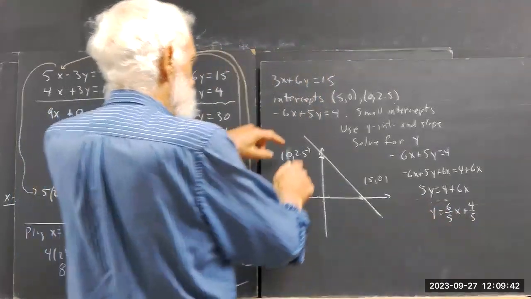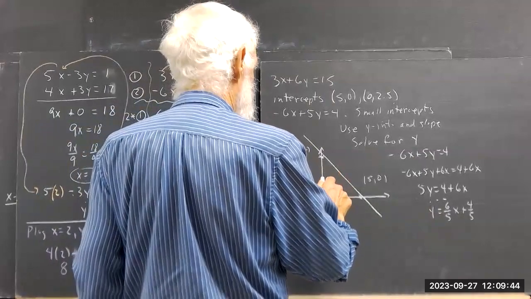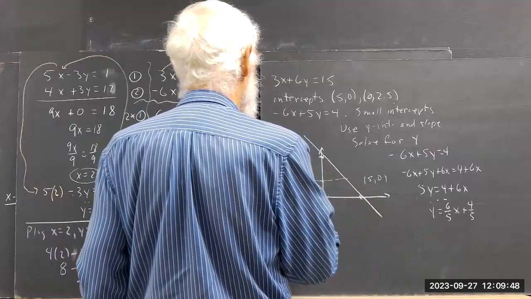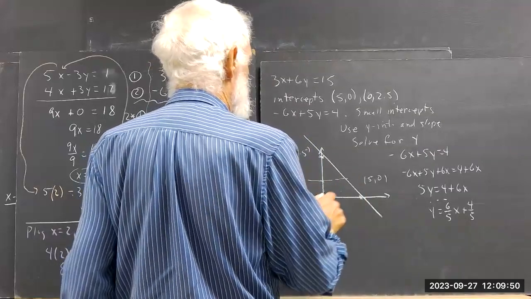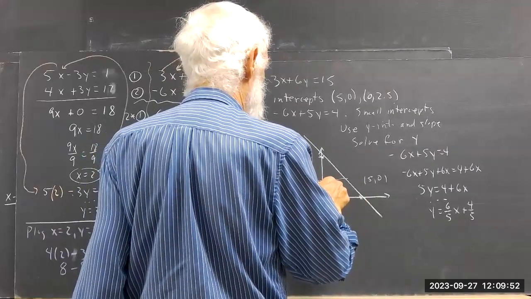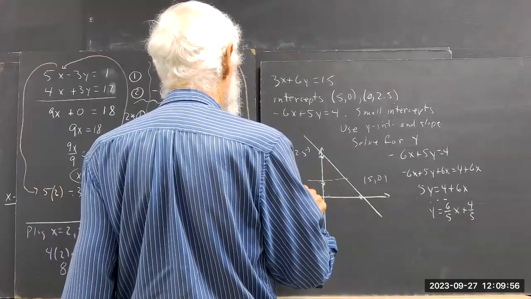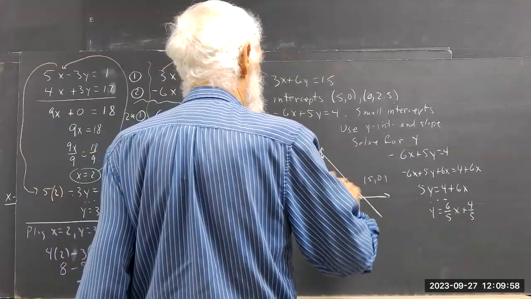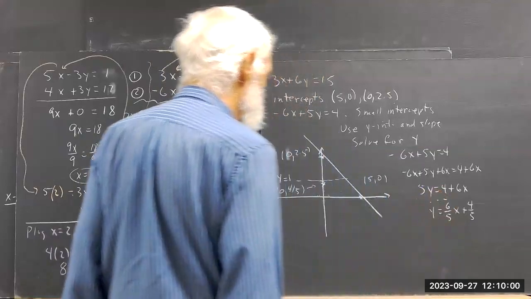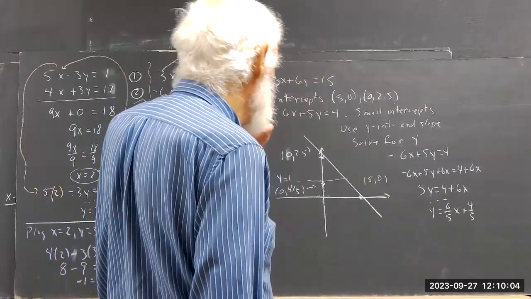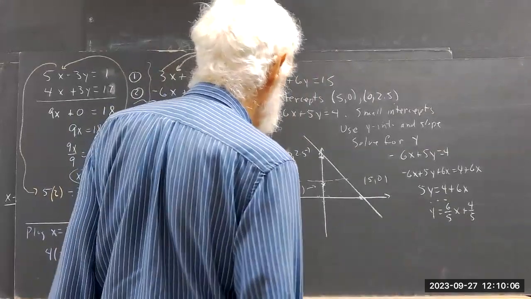Now where's 4/5? This is 2.5, then 1 is about here. Then y equals 4/5 would be about here. And we would use the slope, which is 6/5, which is like 1.2.